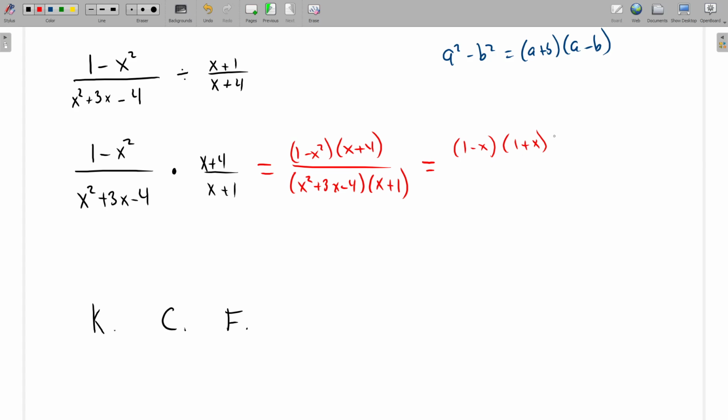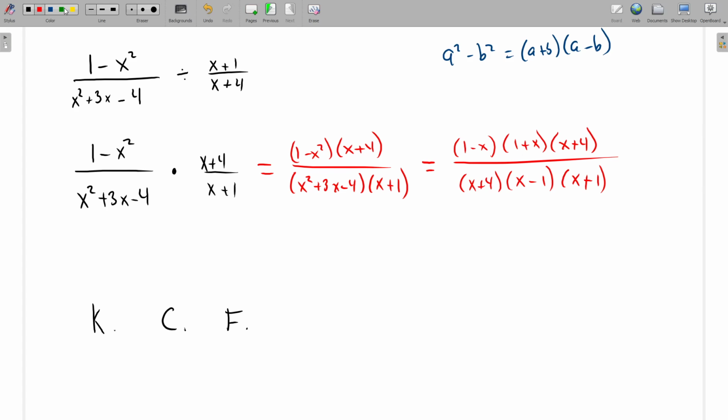The x plus 4 we can't do anything with, so we'll just keep that the same. And in the denominator, this x squared plus 3x minus 4, this quadratic, we can factor it, and it factors pretty straightforward, into x plus 4 times x minus 1. And then we also have this x plus 1 that we can't do anything with, so we'll leave that there.